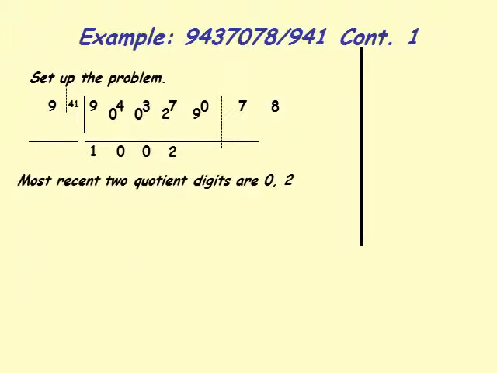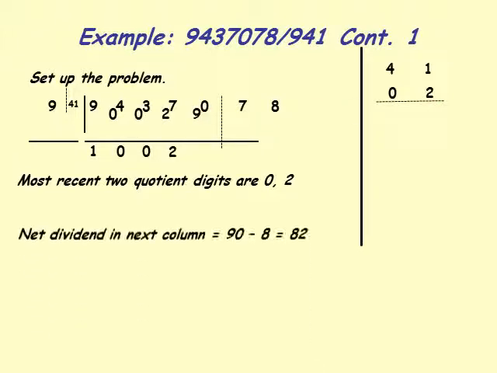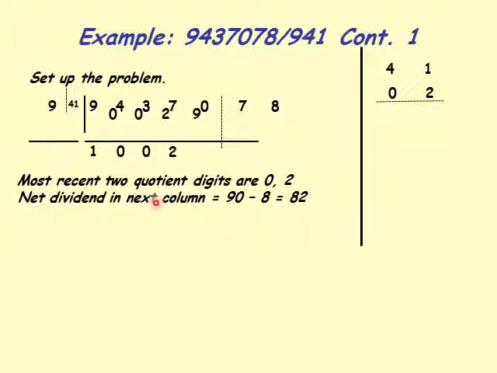So this is the setup for the adjustments. 1 times 0 is a 0, and 4 times 2 is an 8. So we will be subtracting 8 from 90. Net dividend in next column is 90 minus 8, which is 82.